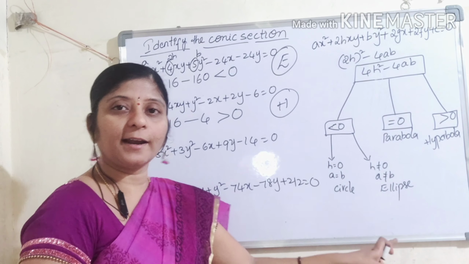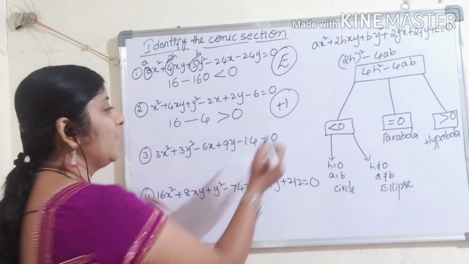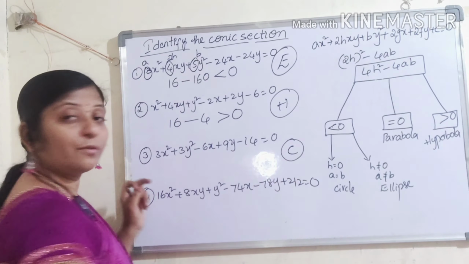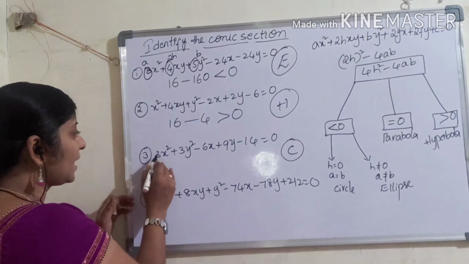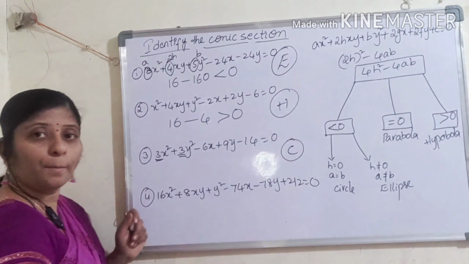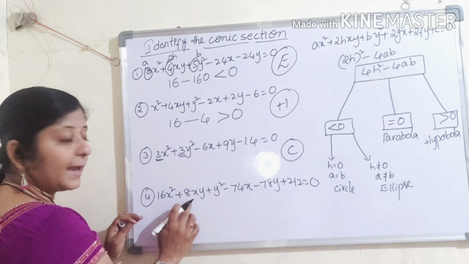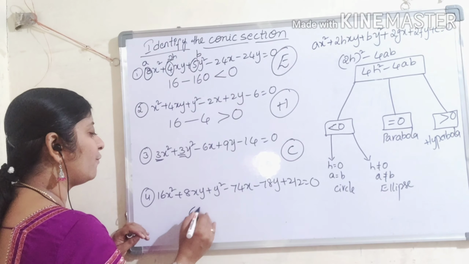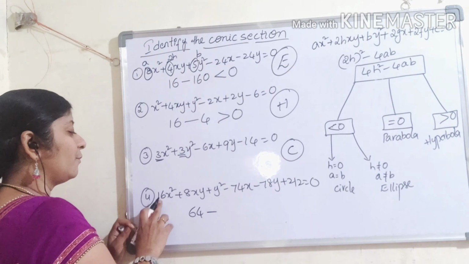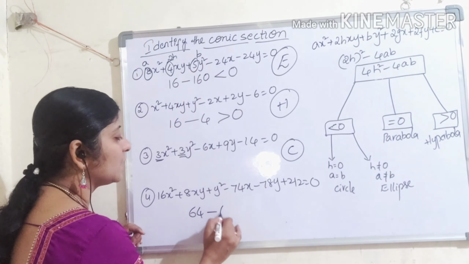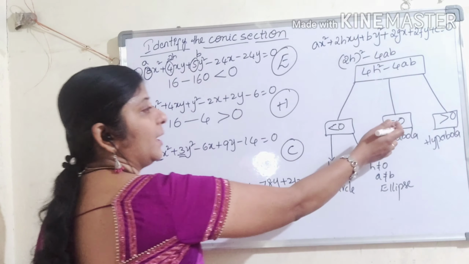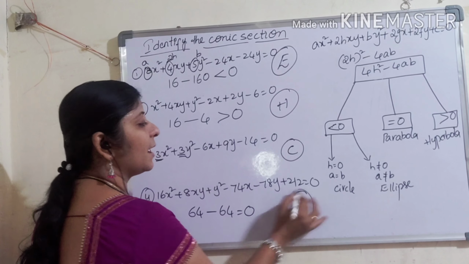There are no other conditions for h equal to 0. Therefore directly we can write this one as a circle. And also here a is equal to b. And the last one, h square, 8 square, 64 minus 4 into 16, 64 into 1, 64, which is equal to 0. Equal to 0 will give parabola.